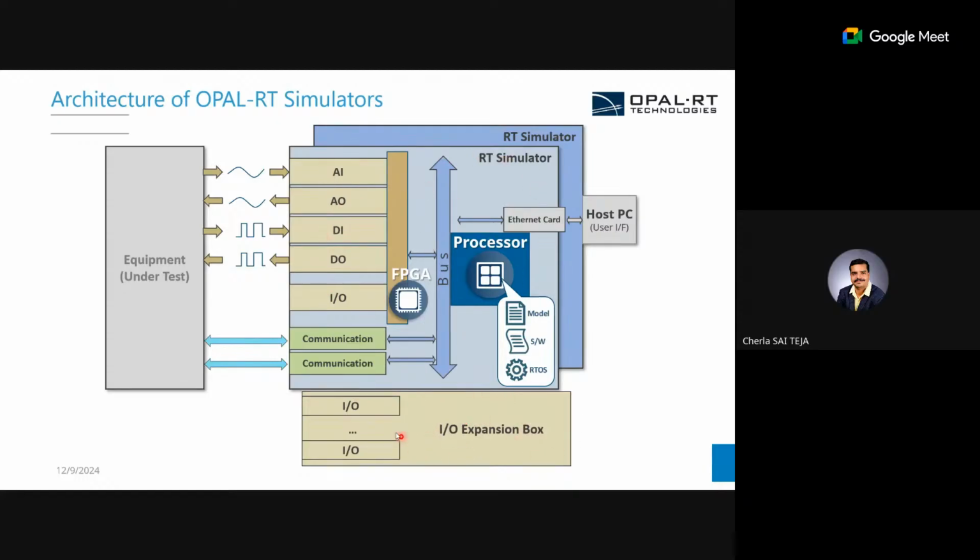You can just have an IO expansion box on which you can mount the required IO cards, and then just start sending the signals from the IO expansion to the DUT. All these are scalable and flexible solutions, and it's the generic architecture of OPAL-RT simulators. If anyone has any doubt, you can happily stop me in between and clarify. I'll be happy to clarify your doubts.